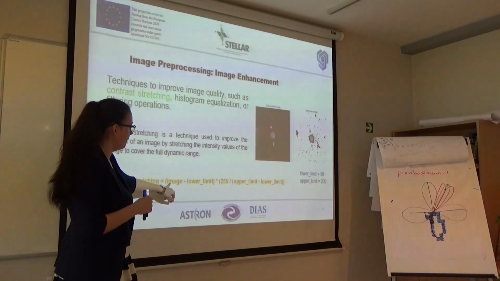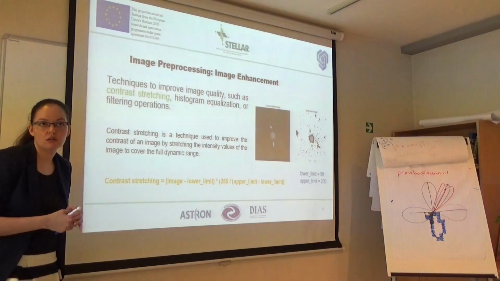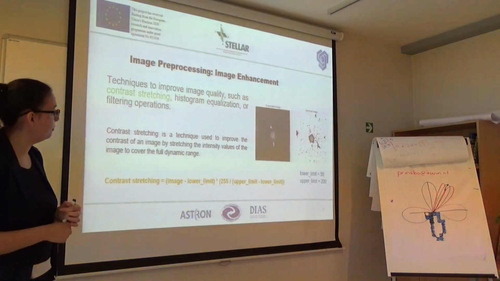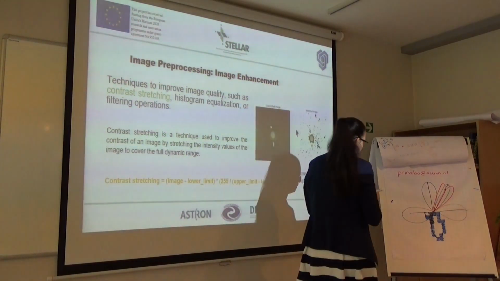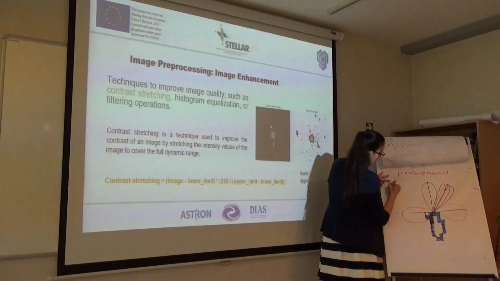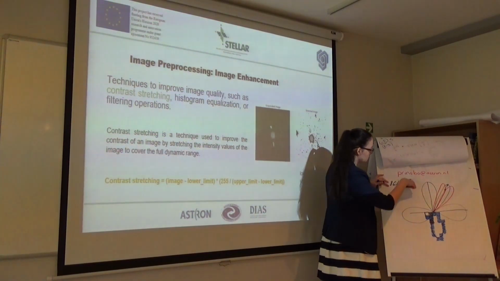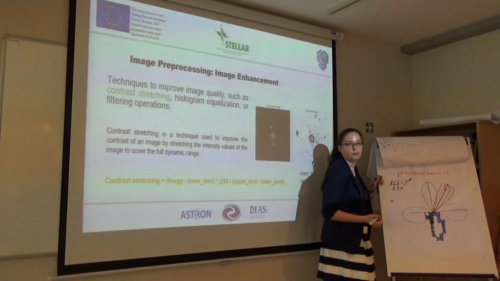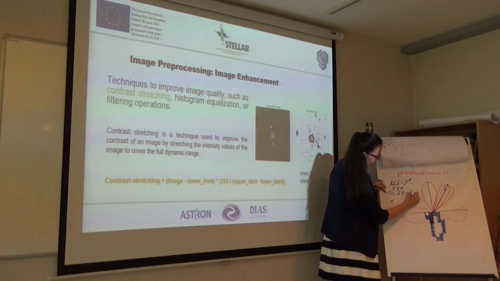We will have the values of the image, with 0 as the lower pixel value and the upper limit 255 if you have 8-bit images. 8 bits means 2 to the power 8, which is 256 values, stored from 0 to 255.